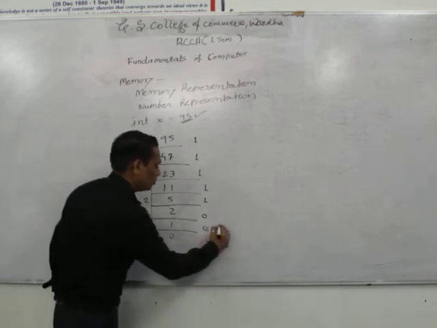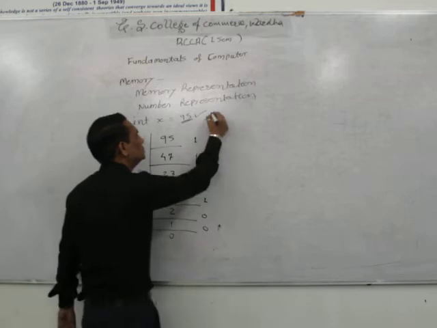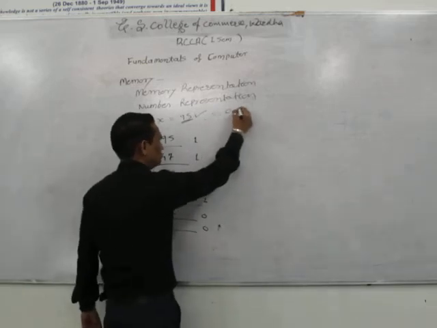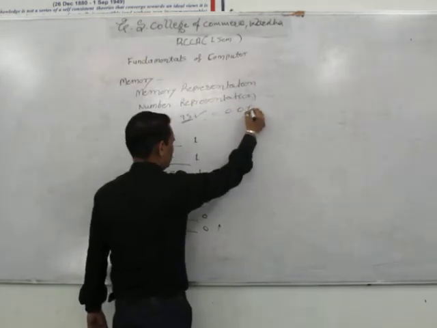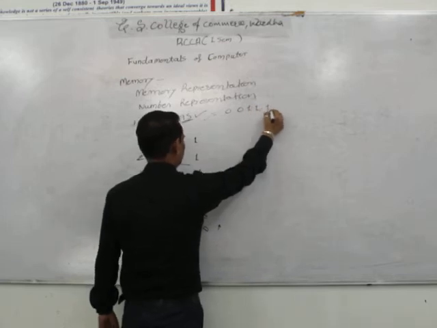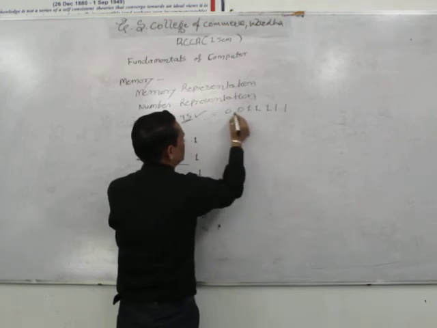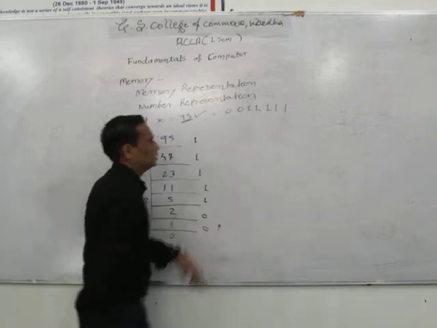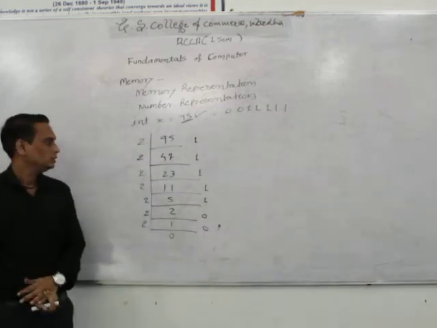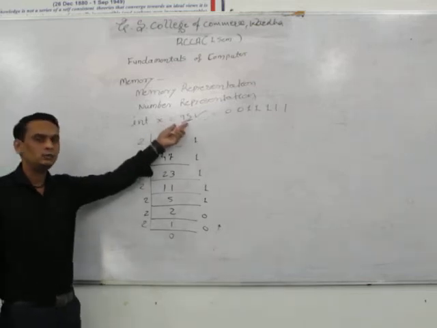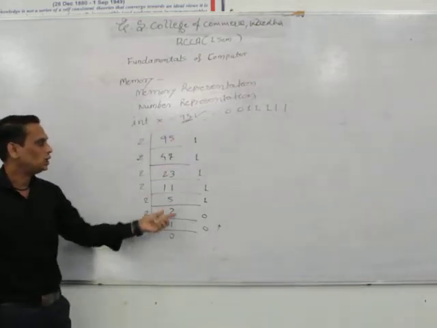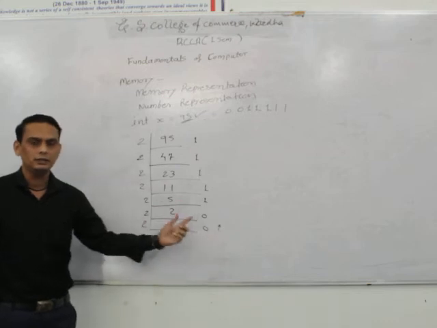So from bottom to top, 0, 0, 1, 1, 1, 1, 1. This way we can convert the decimal number into the equivalent binary number.